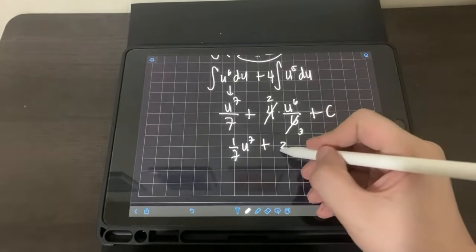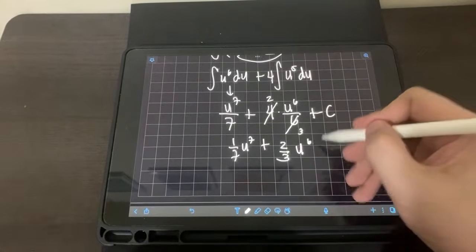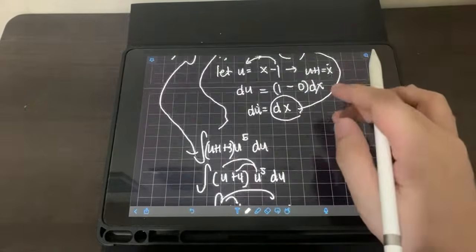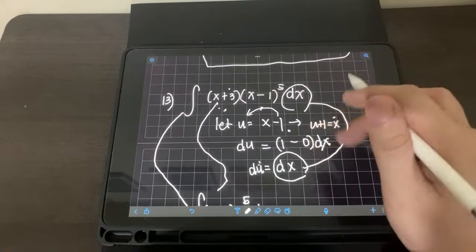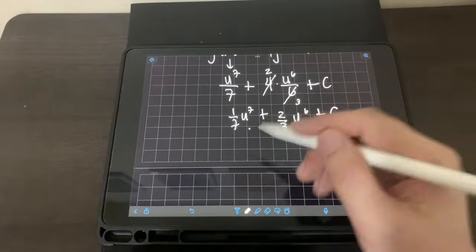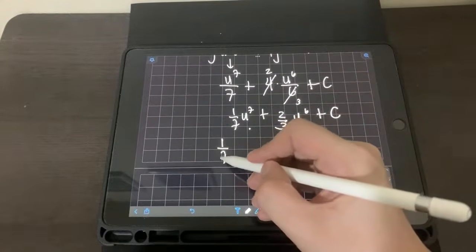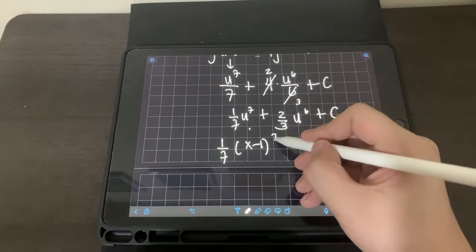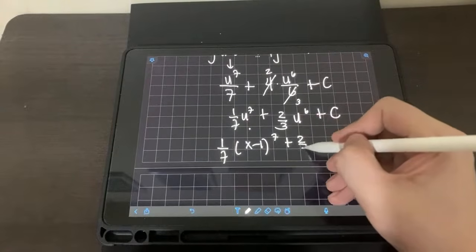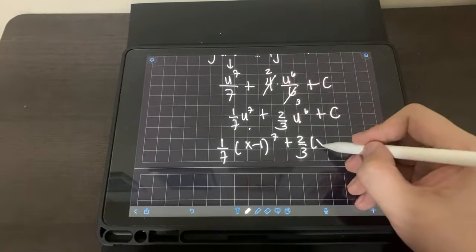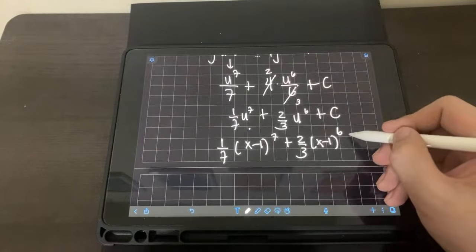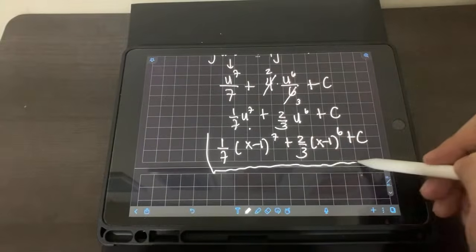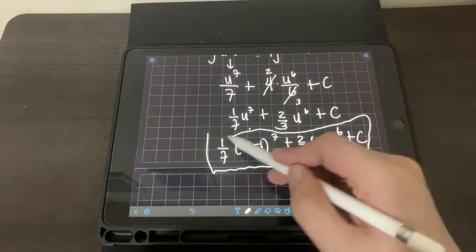So you just have 2/3 u to the 6th plus C. Okay, and then don't forget, transform back the u in terms of x minus 1. So therefore, the final answer is 1/7 x minus 1 raised to the 7th plus 2/3 x minus 1 raised to the 6th plus C. So this is the final answer.